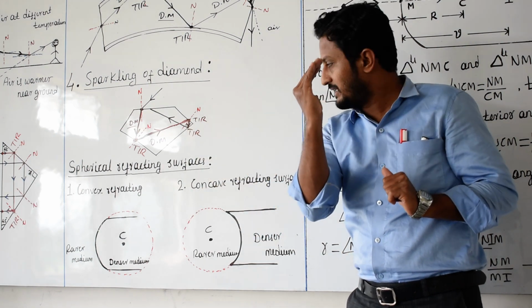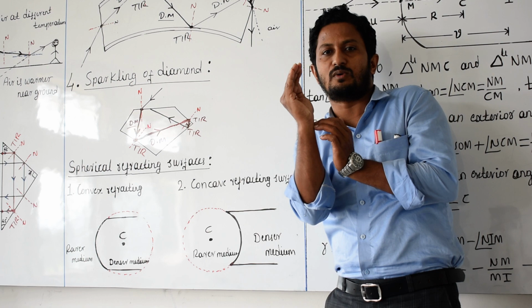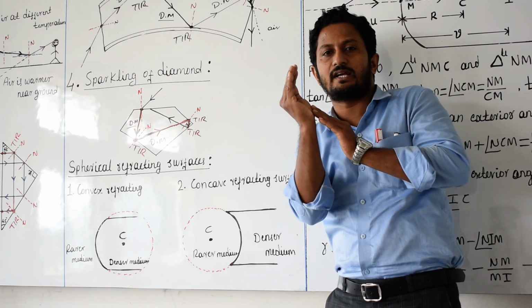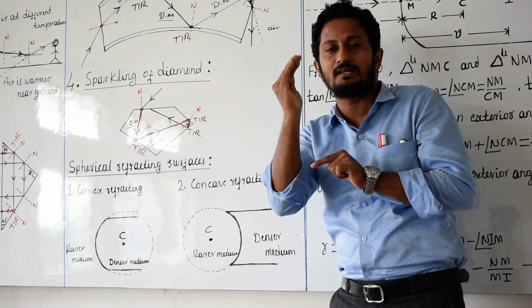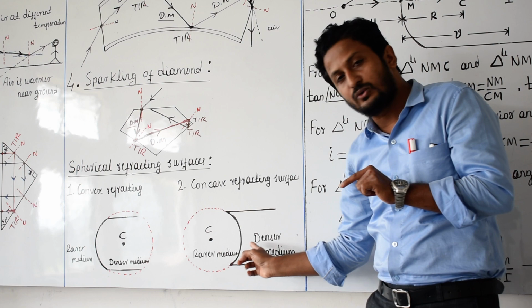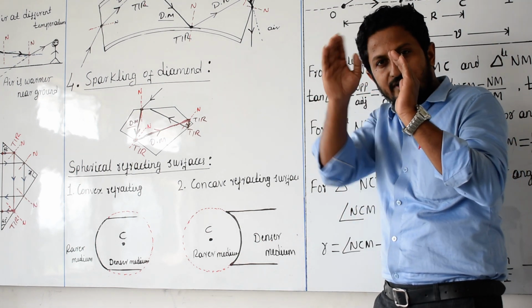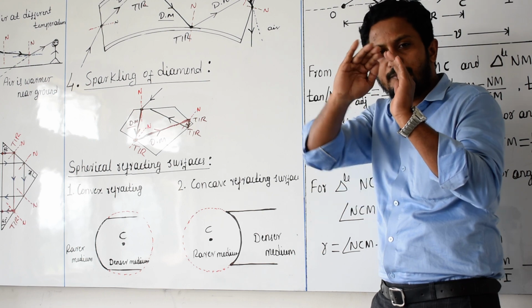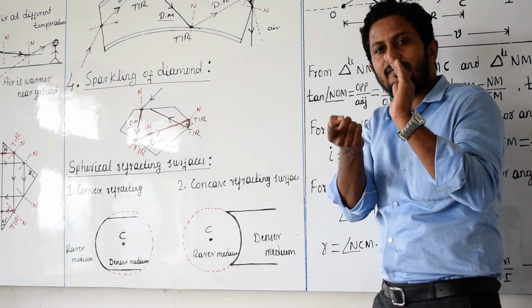Here it was like this, here it was like this. On this side we imagined one sphere. This looks like a part of this imaginary sphere, so we called this a spherical refracting surface. And in this second diagram, on this side we can imagine one sphere of transparent material, and this is a part of that.